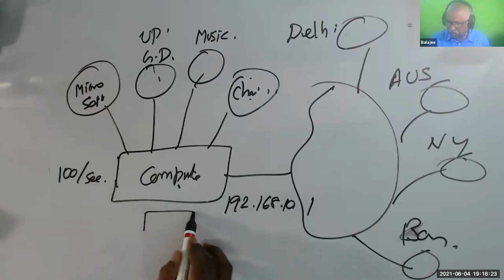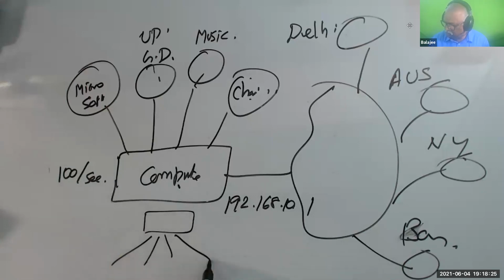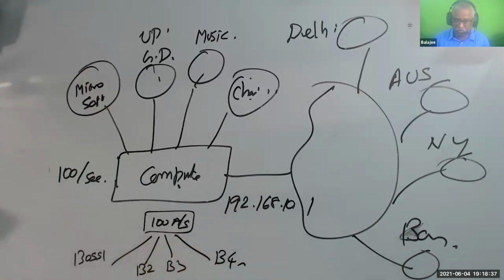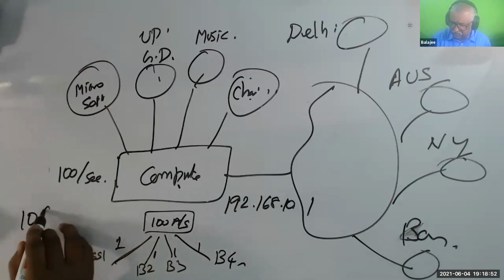I am Balaji, and I have 4 bosses: boss 1, boss 2, boss 3, and boss 4. This boss is giving me activity 1, but everybody is expecting me to finish the thing in 10 seconds. Everybody is expecting how many seconds? 10 seconds.